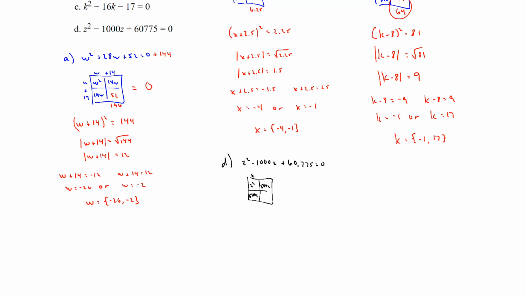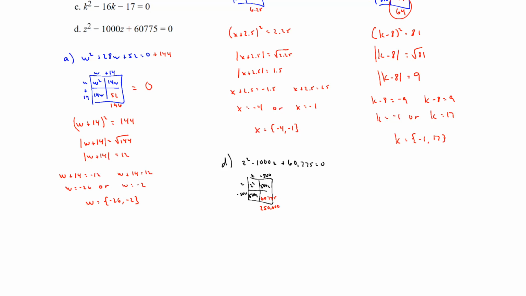So that's z minus 500. And so right now we currently have in here 60,775. But we need negative 500 times negative 500 tiles, so we need 250,000.